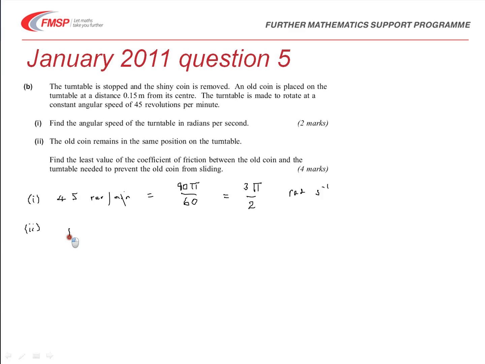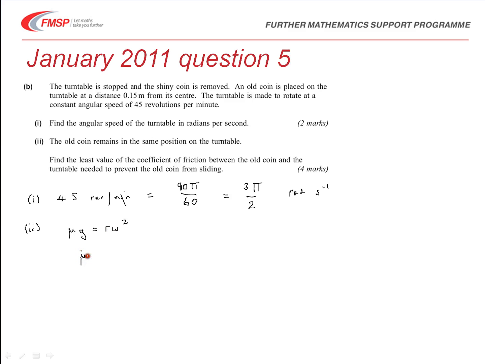So we can write down the fact that mu g must equal r omega squared. In this case we know r and omega and g, and we're trying to find mu.